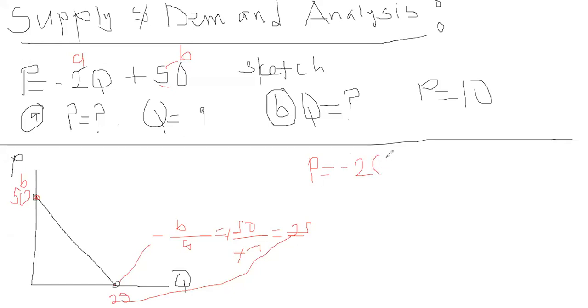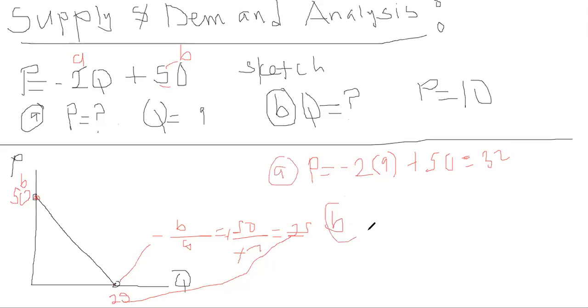So we replace the letter Q with 9, plus 50. At the end of the day, this will give you -18 plus 50, which will be 32. That is the A part.